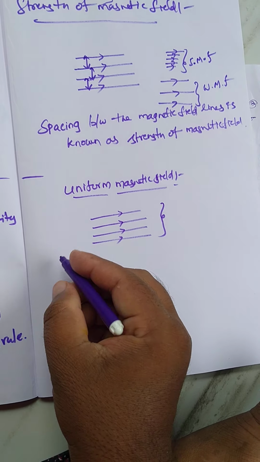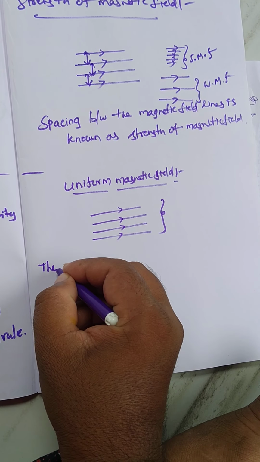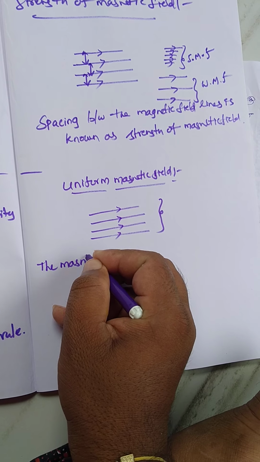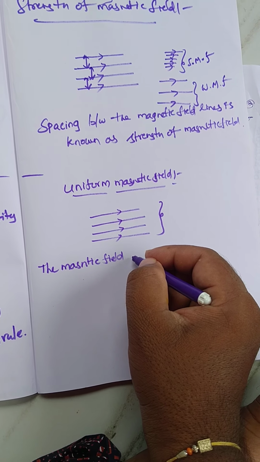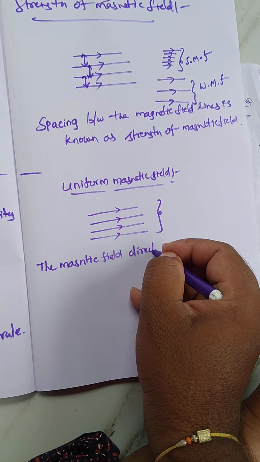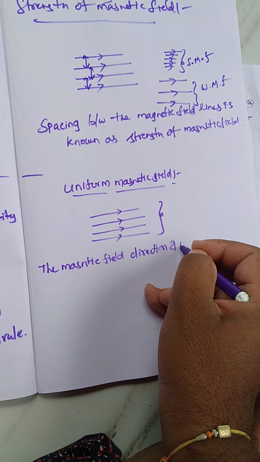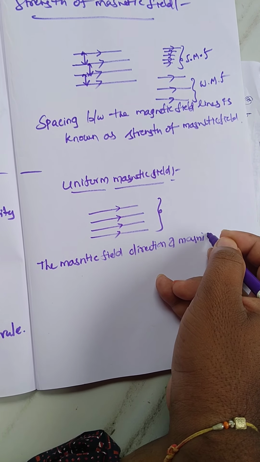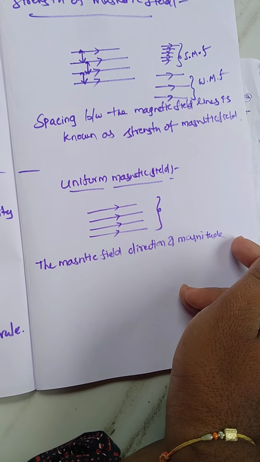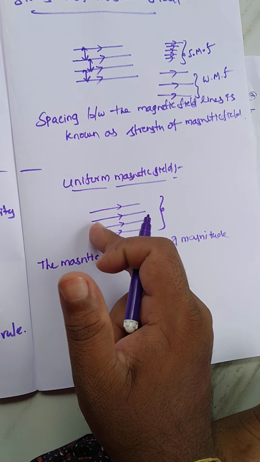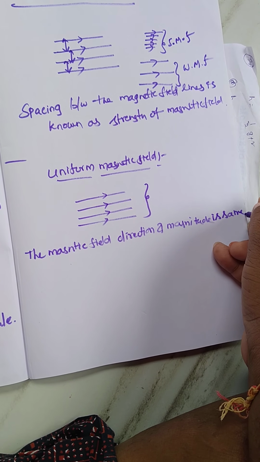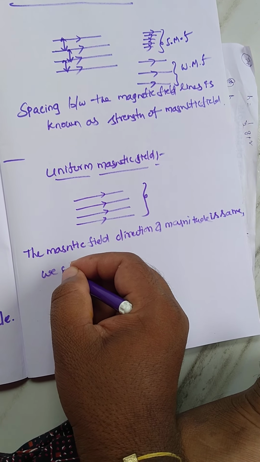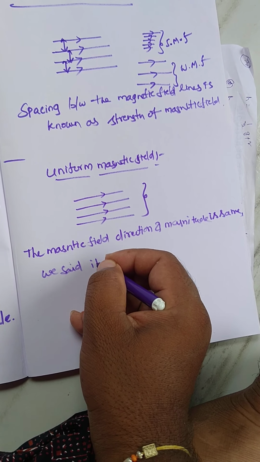The direction and magnitude are the same. Magnitude is nothing but the spacing between the lines, and the spacing between the lines is the same. So we say it is a uniform magnetic field.